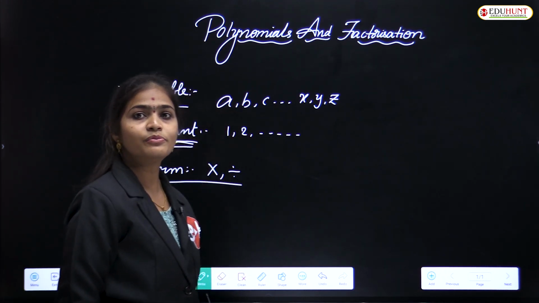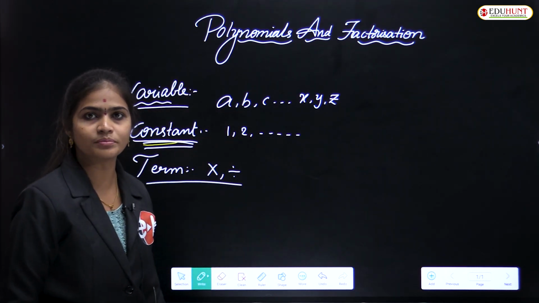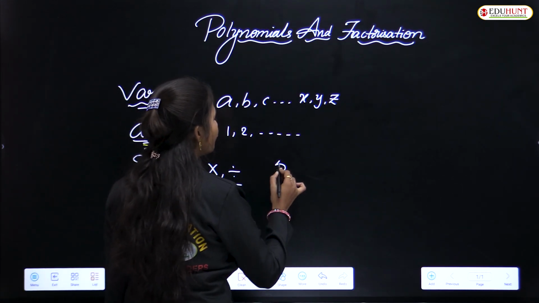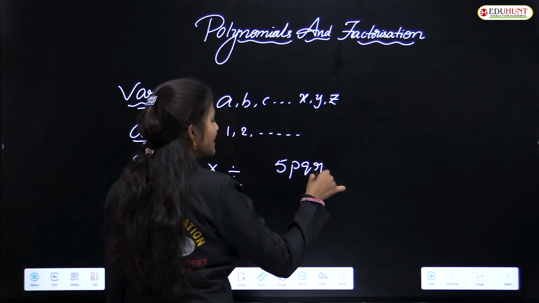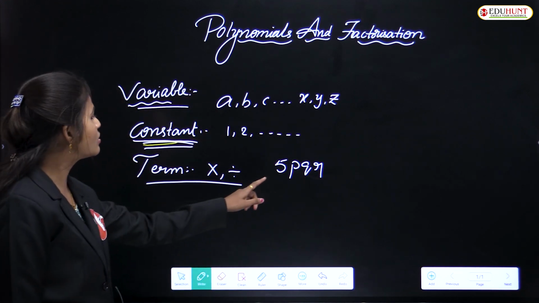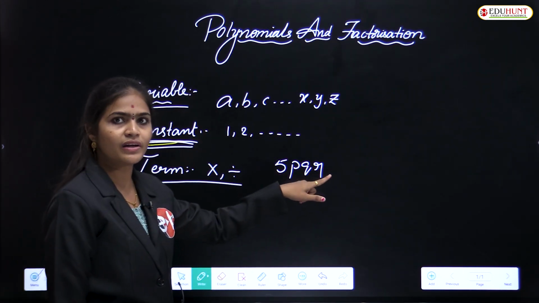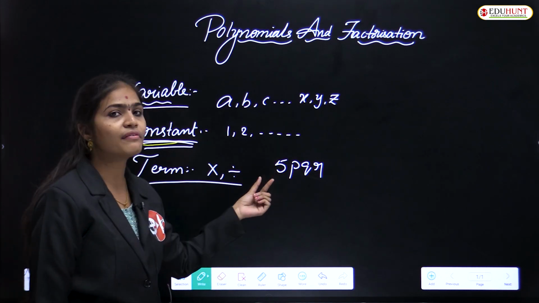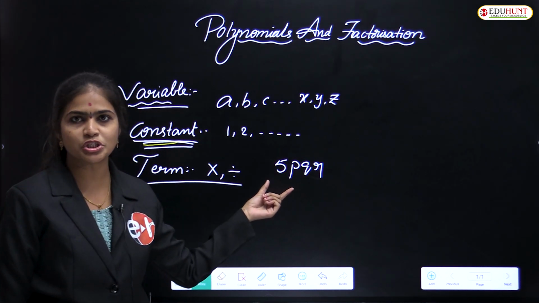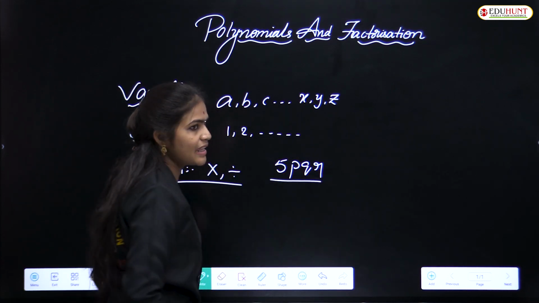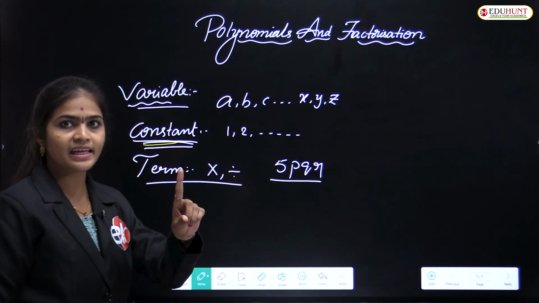After the term we have the degree of a term, which we also discussed. For example, 5PQR is one term, because it consists of a constant as well as variables, joined by the fundamental operation of multiplication.